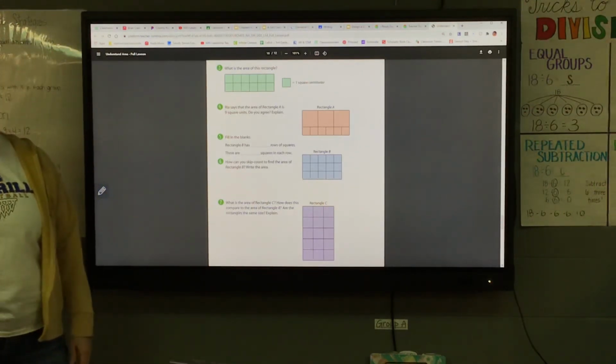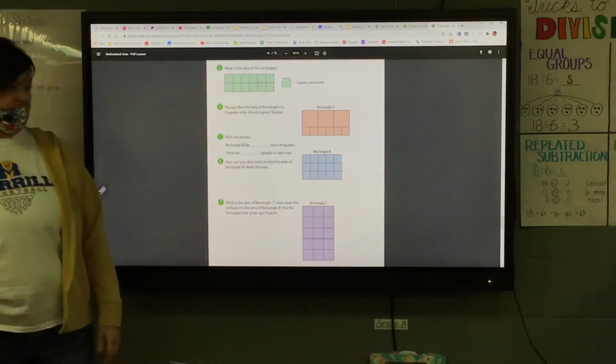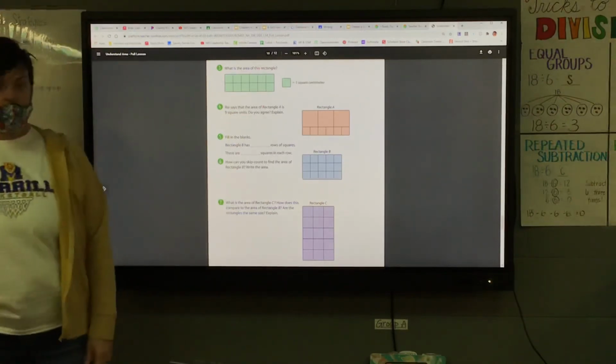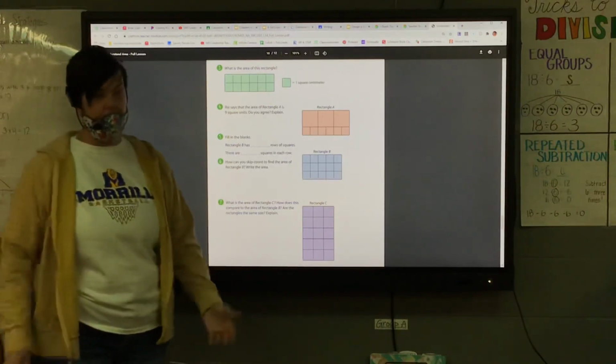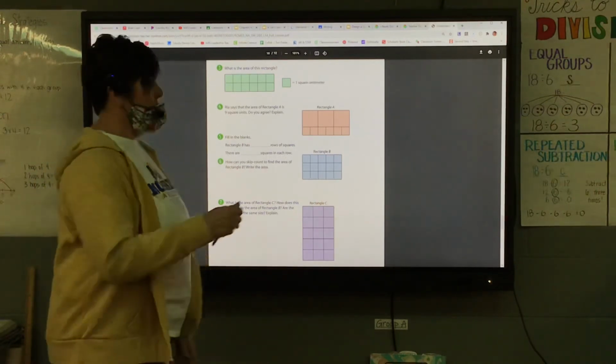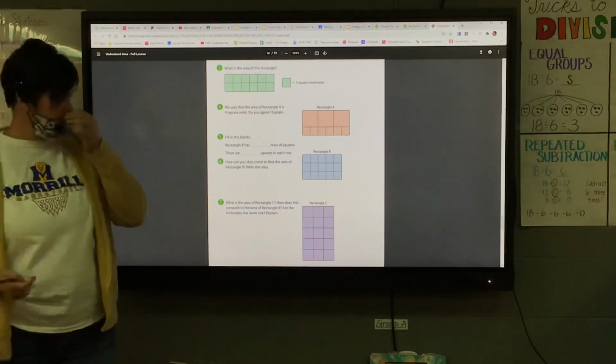Write down the easier way of how you would skip count to find the area of rectangle B, and then actually write the area too. You're telling what you would skip count by, and then you're actually writing what the answer is for the area.